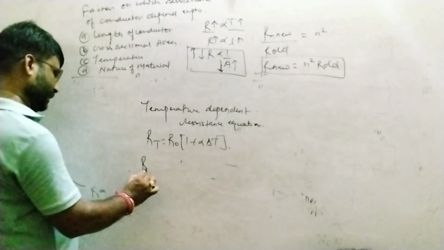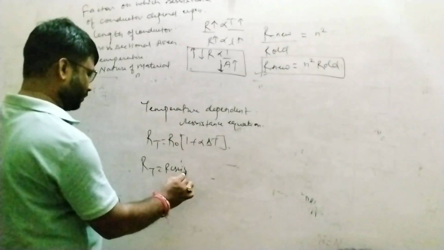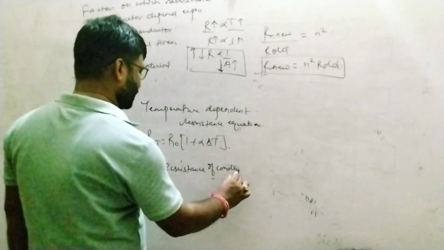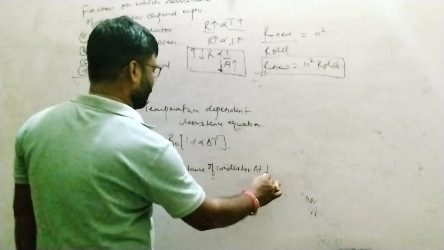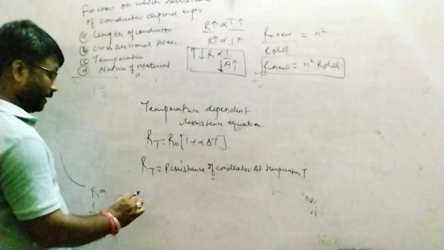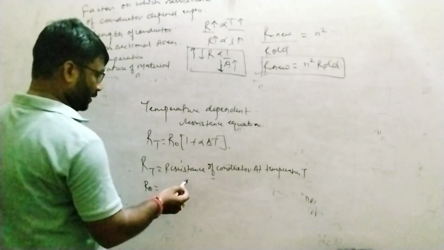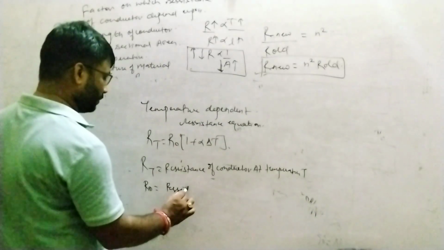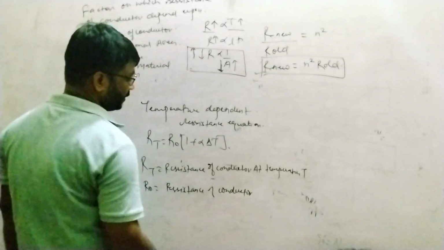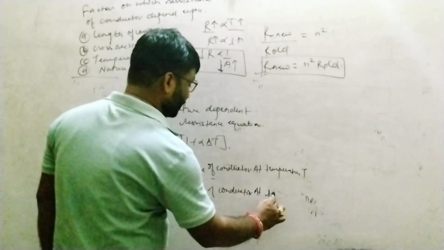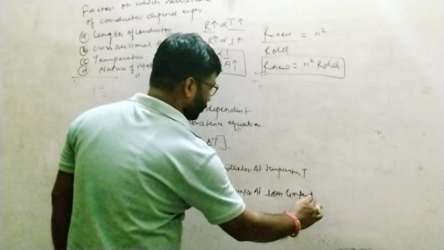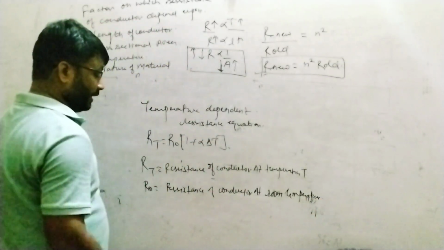What is R T? This is the resistance of the conductor at the required temperature T. And R naught is the resistance of the conductor at the room temperature, or you can say the initial temperature.